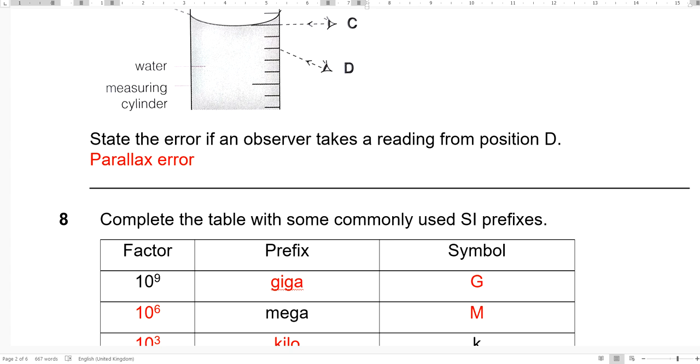Again, let me use the same context. 10 to the power of 6 is actually 1,000,000. Is this number familiar to you? What do we call it? 1 million. One way you can help yourself remember is that million starts with an M for mega. Since there are 6 zeros, it will be 10 to the power of 6.